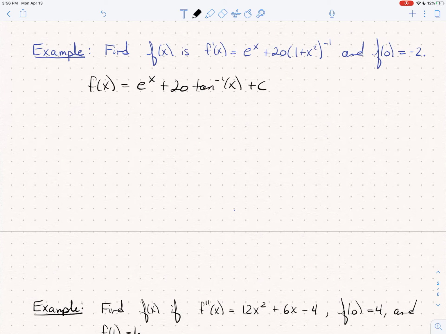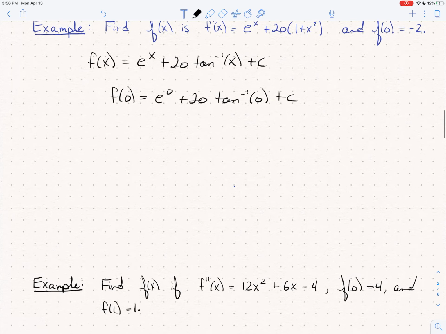Now I want to figure out what c is. On the one hand, I know that if I plug 0 in, f of 0 is e to the 0 plus 20 times the arctangent of 0 plus c. All right, let's keep going. That's 1 plus, arctangent of 0 is 0, so that's 1 plus c. So f of 0 is 1 plus c, but I'm told f of 0 is negative 2.